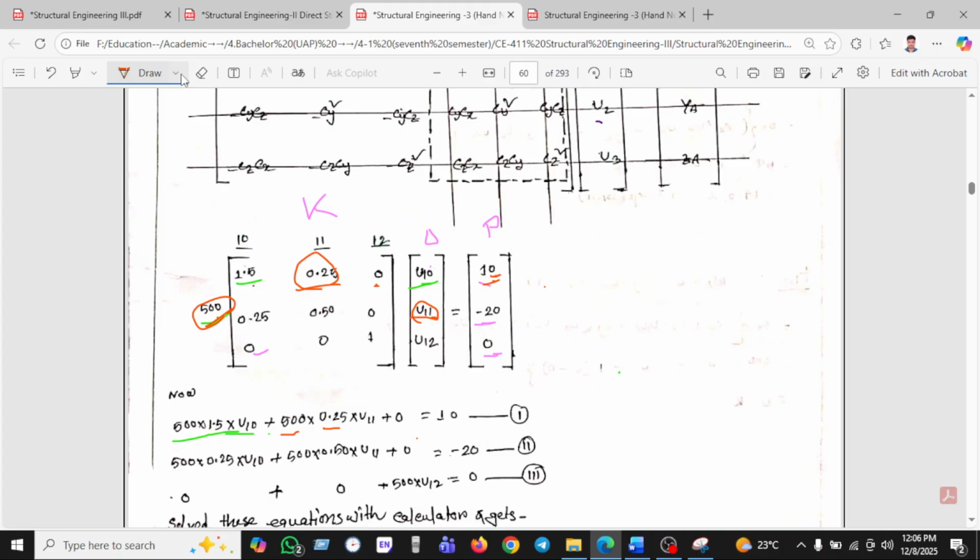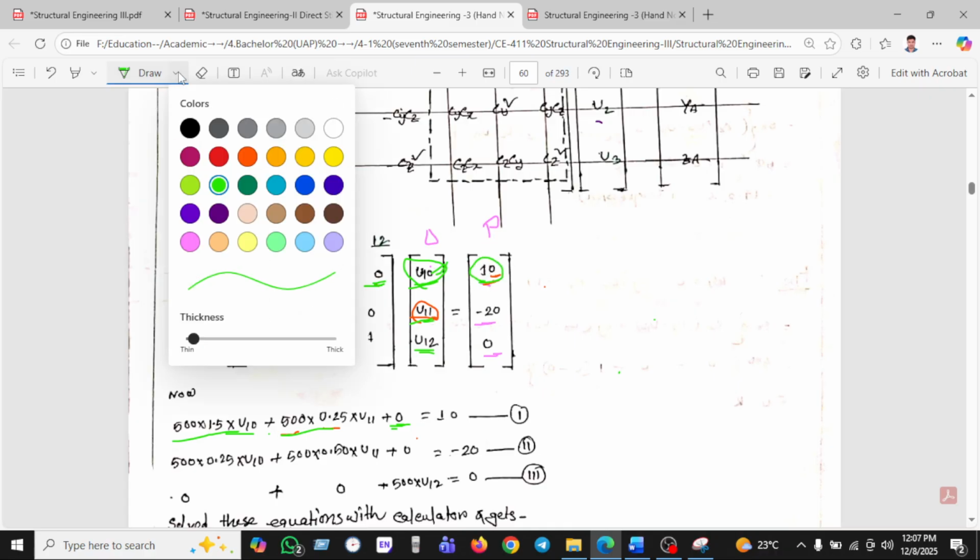So at first, how do we assemble this: 500 into 1.5 multiplied by u10, first row, and then the second, 500 into 0.25, second column, second row. And the last one we can see here is 0, it will be multiplied by u12, as this is 0, we will not take it here, and it will be equal to 10.